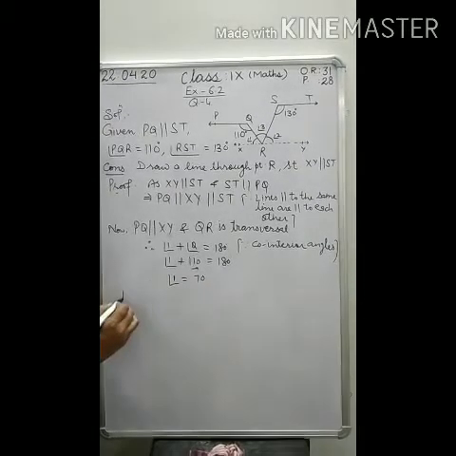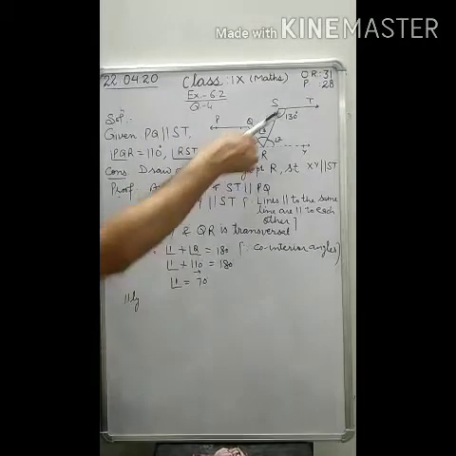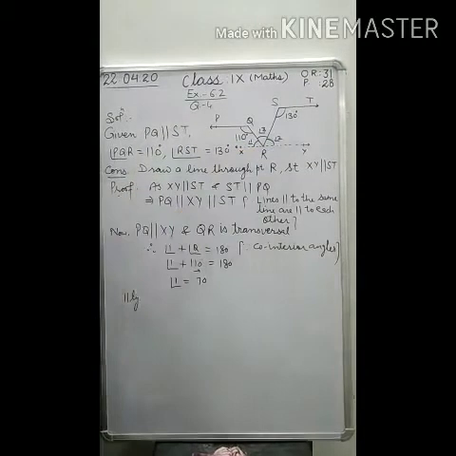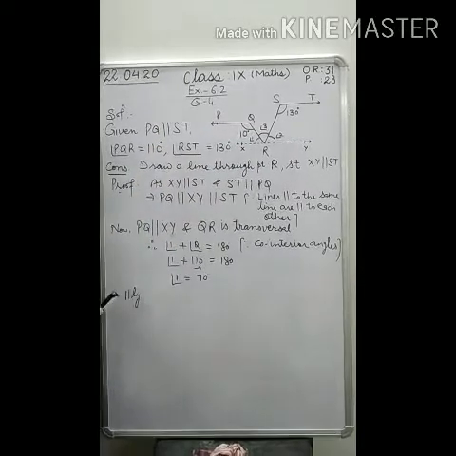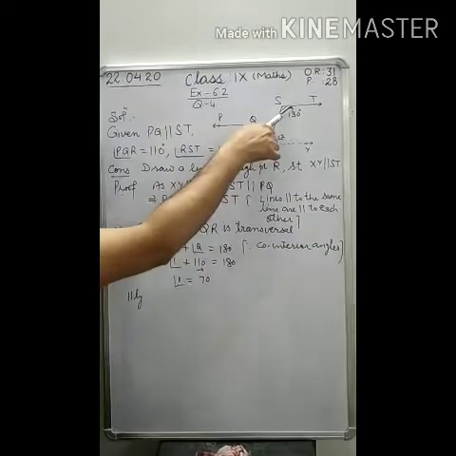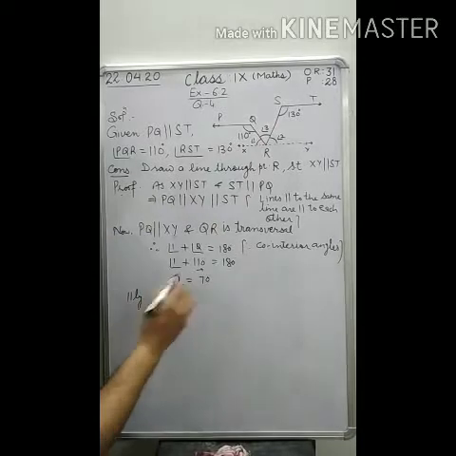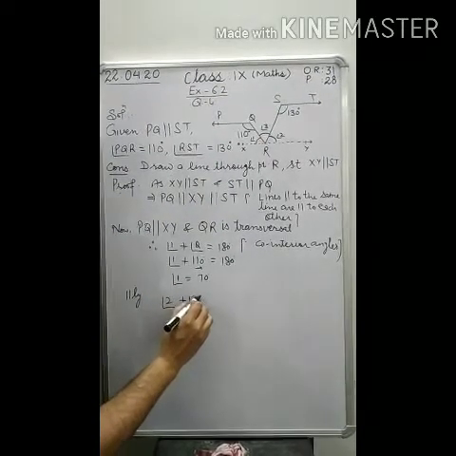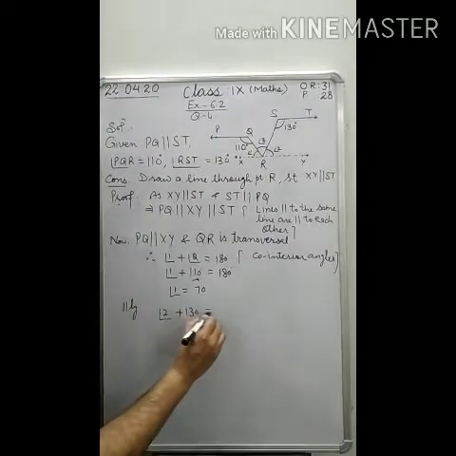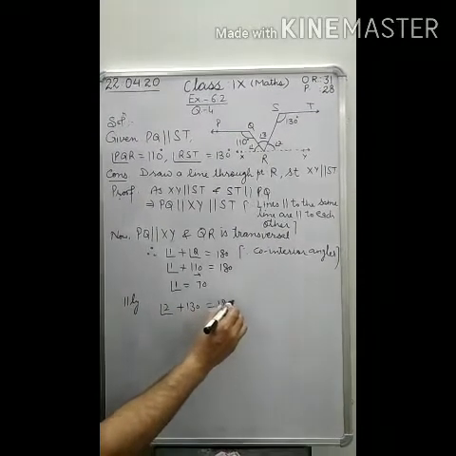Similarly, now you take these two lines. Here these two lines are parallel and SR is transversal. So therefore angle 2 plus this angle S. Similarly, you can write directly angle 2 plus 130 degree, that is equal to 180 degree.